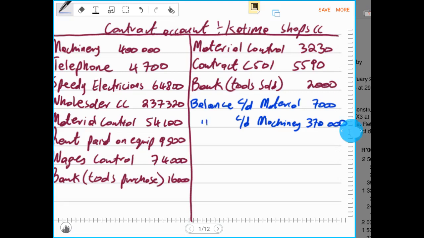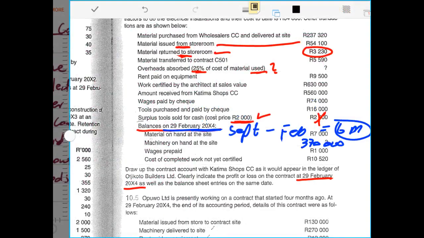So now we continue with the balances that we are busy with. Now when it comes to balances, we have done the material, we have done the machine, and we are told that there is wage prepaid. And remember, for every expense that you pay before time, that expense becomes an asset. These are the balances carried down.